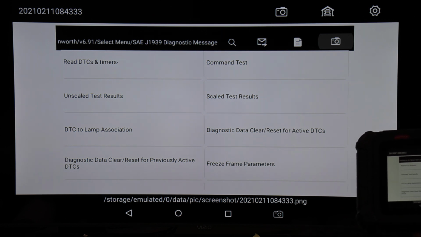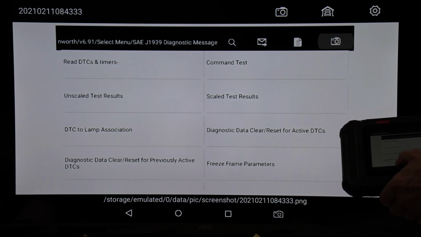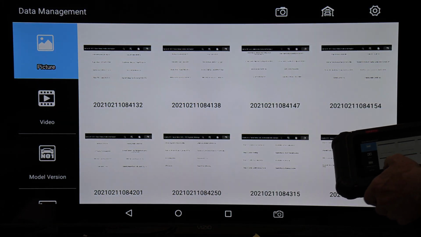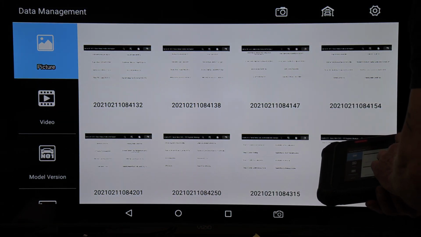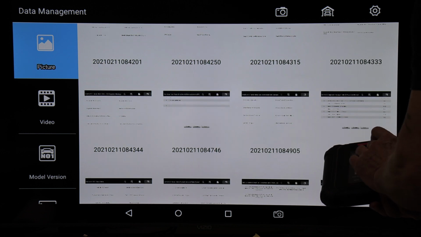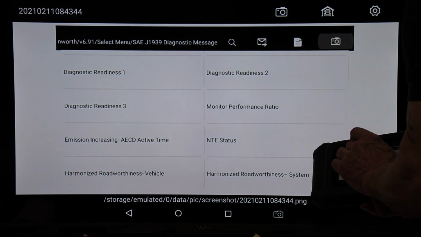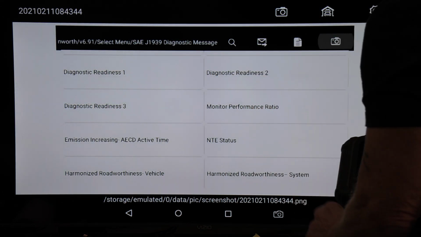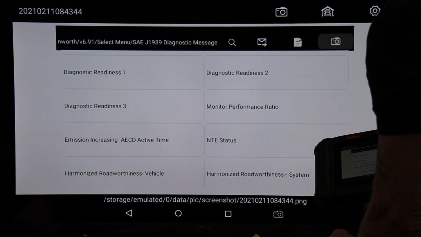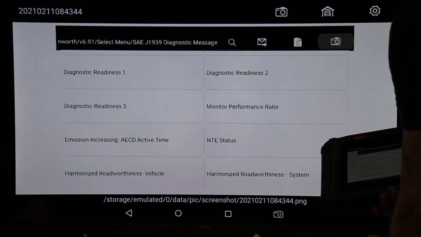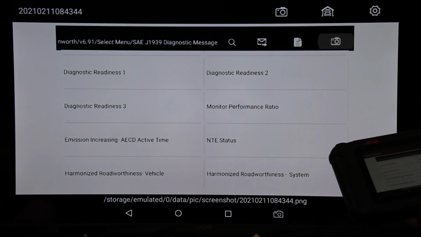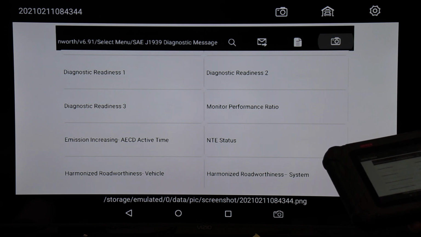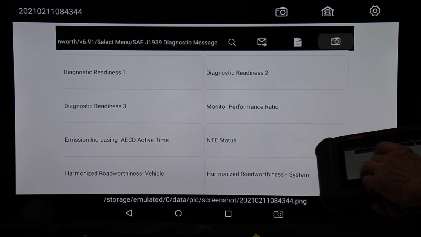It's another diagnostic tool for you. Monitor performance, readiness status. If you've worked on cars, it looks very, very similar to what you get on cars.